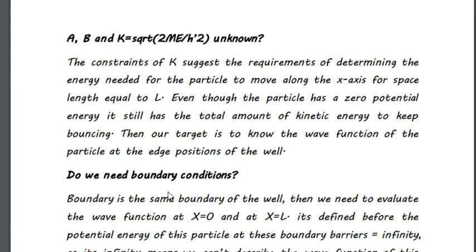The definition of k suggests the requirement of determining the energy of the particle to move along the x-axis over a length equal to L. Even though the particle has zero potential energy, it still has a total amount of kinetic energy to keep bouncing. Our target is to know the wave function of the particle at the edges of the well.